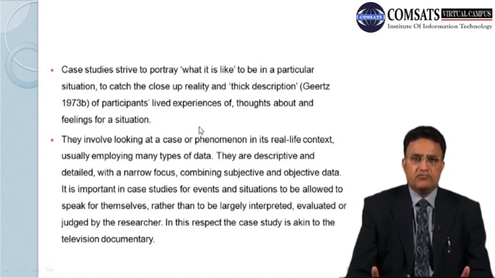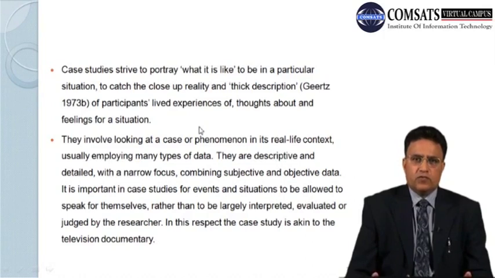So that deals with the real experiences of the participants or the researched, and their real ideas and feelings about a particular phenomenon or situation.